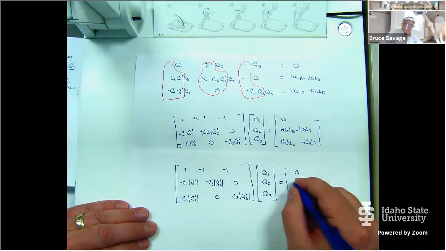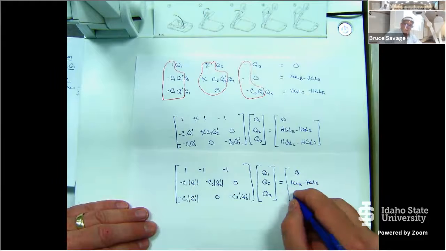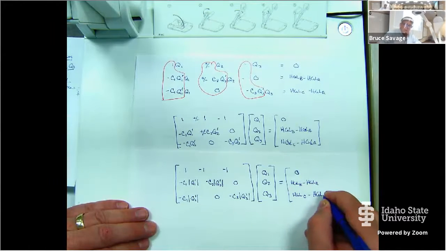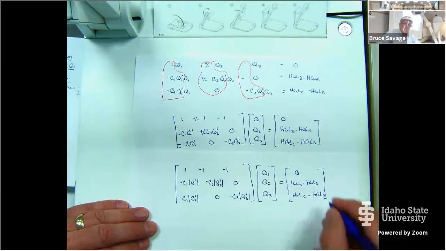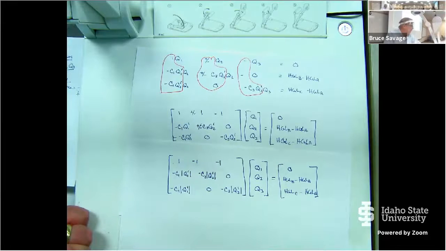0 for the first row, hydraulic grade line at B minus the hydraulic grade line at A for the second row, and the hydraulic grade line at C minus the hydraulic grade line at A for the next row. And now I have linearized my system.